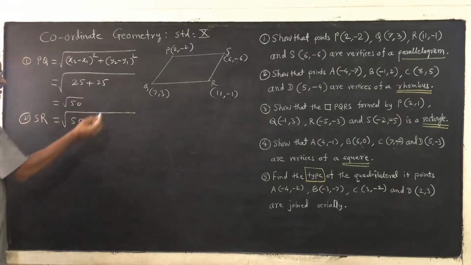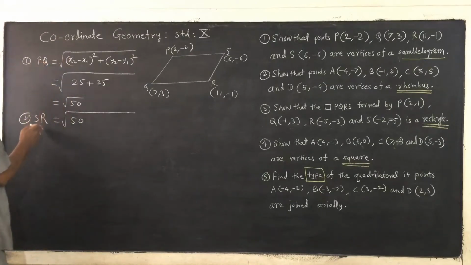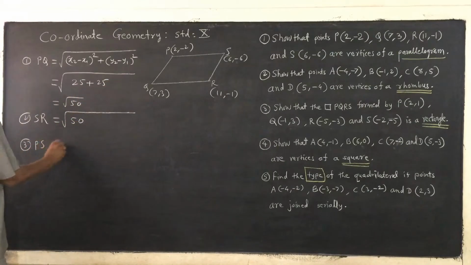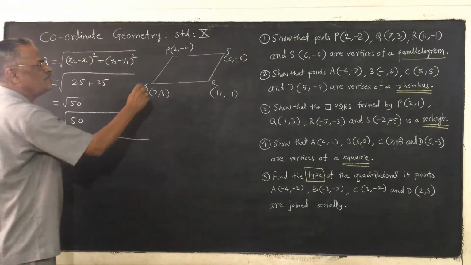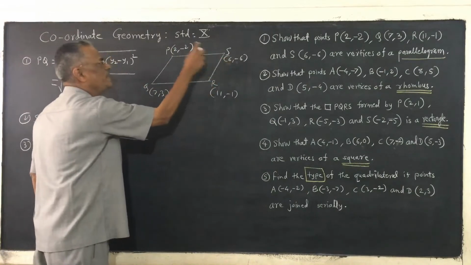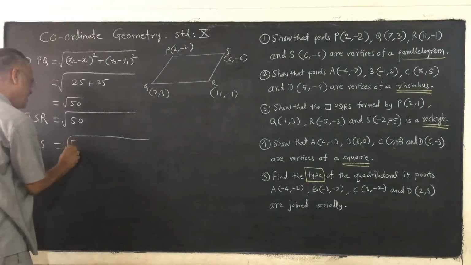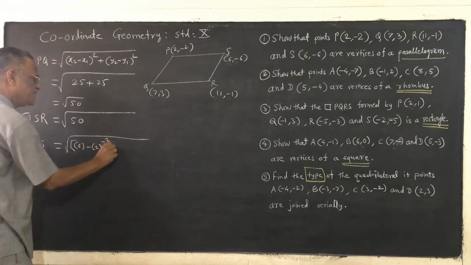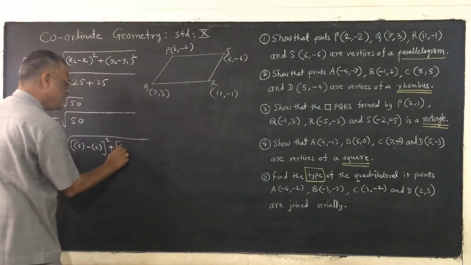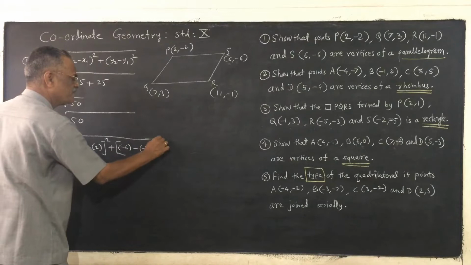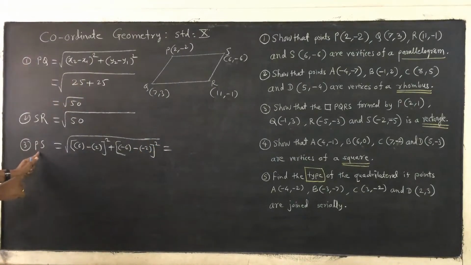Next, you can write that PQ and SR are equal. But before that, calculate PS. This is your first point, this is your second point, x2 minus x1. So 6 minus 2 bracket square plus minus 6 minus 2 bracket square is the value of PS.